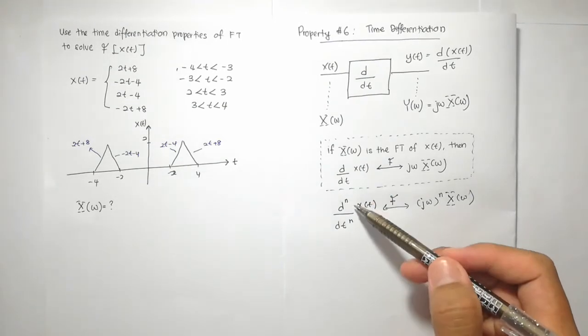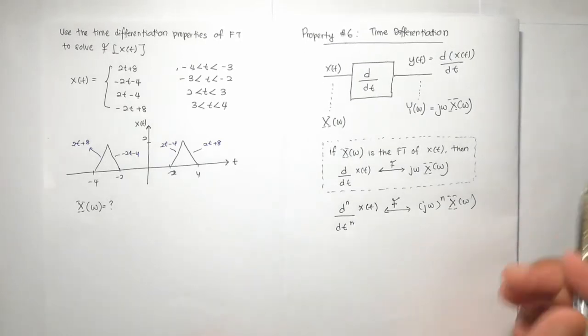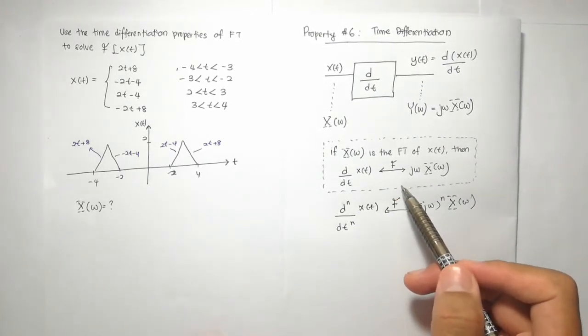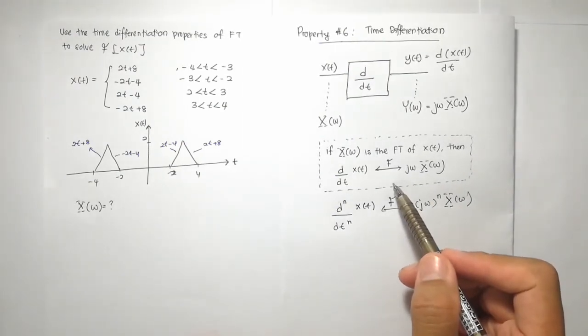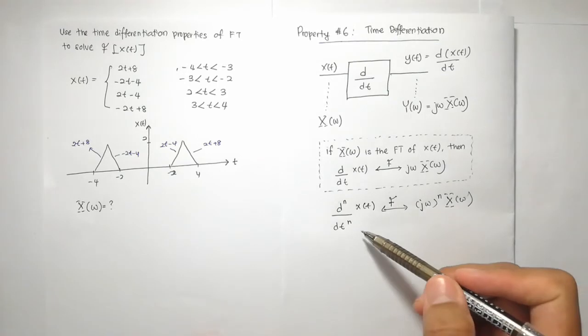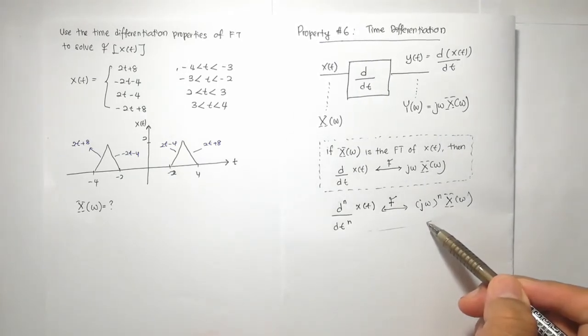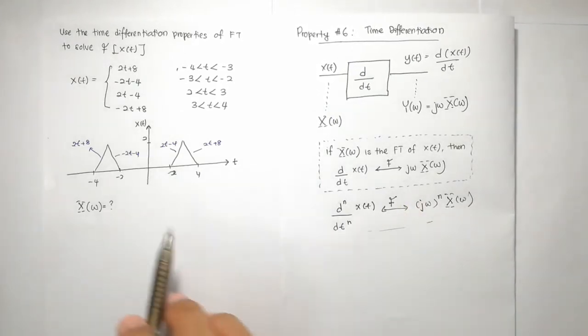It is the same if n equals 1, so we have j omega X(omega). But this one we cannot use for n more than 1. For more than 1 we can use these properties of time differentiation of the Fourier transform. So let's do this one.